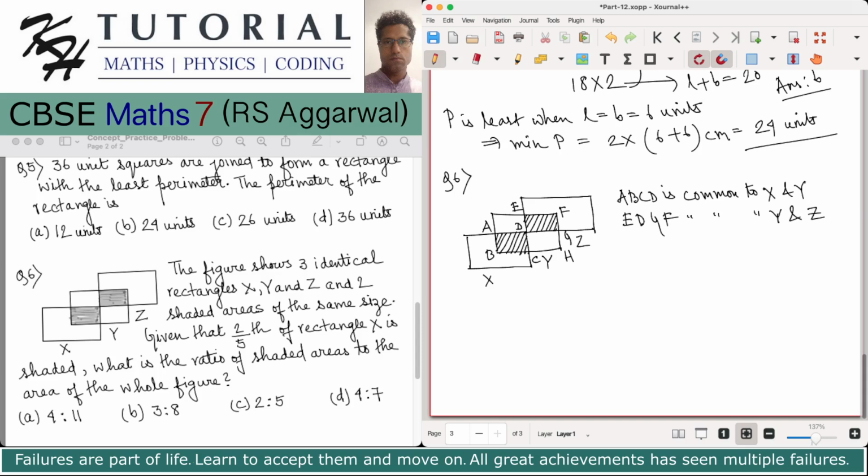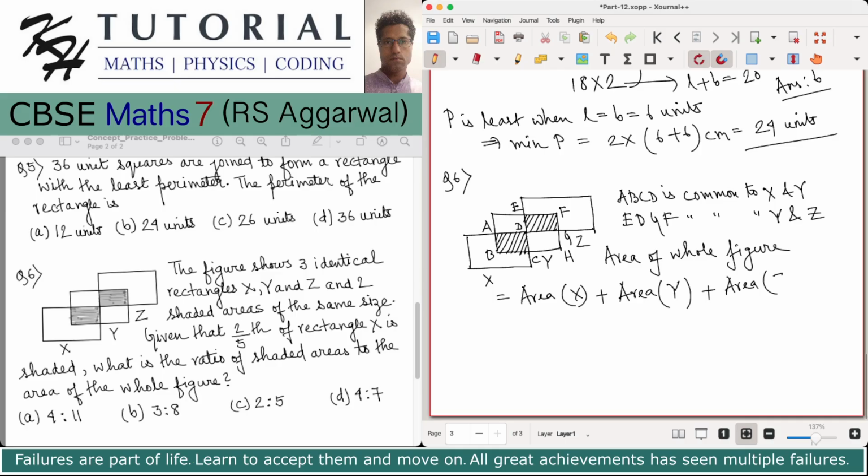So the area of the whole figure will be area of X plus area of Y plus area of Z, even though the rectangles X, Y, Z are all identical.